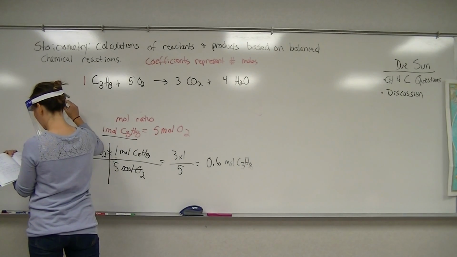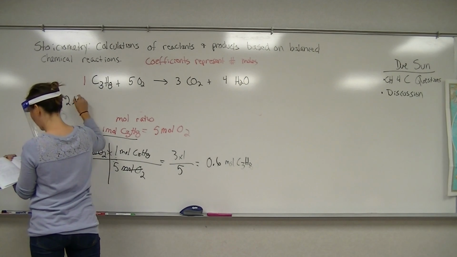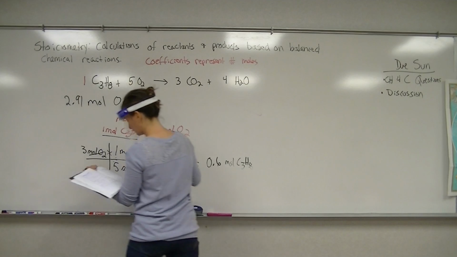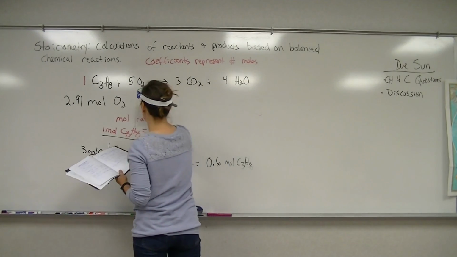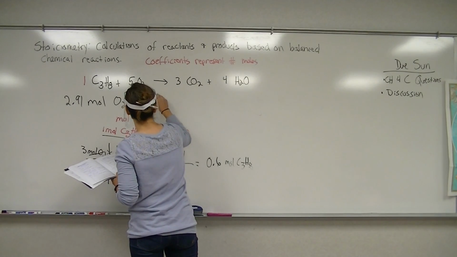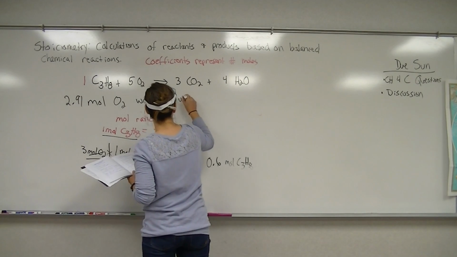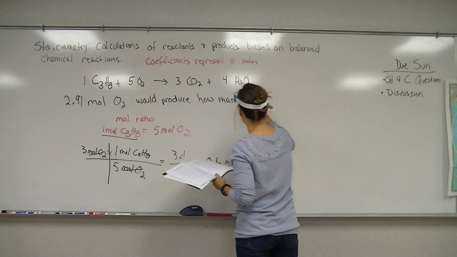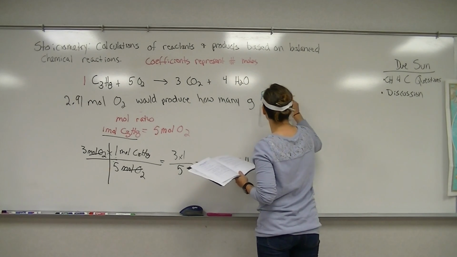This time we're going to start with moles, so we'll have 2.91 moles of O2. We're going to go to grams. We produce how many grams of, let's do water.